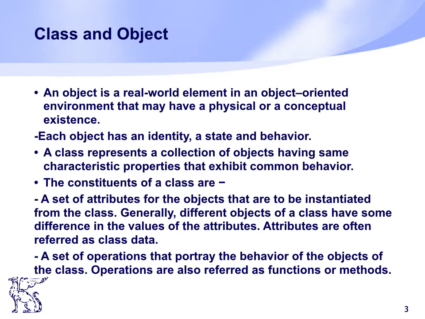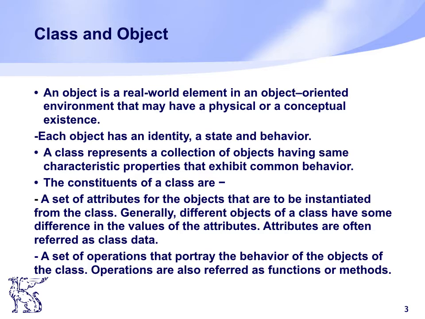So the first one, object. What's an object? An object is actually a real world element in an object oriented environment that may have a physical or a conceptual existence. Now when I'm talking about physical existence, it means that your object could be a customer or a student, an employee, a car, anything.